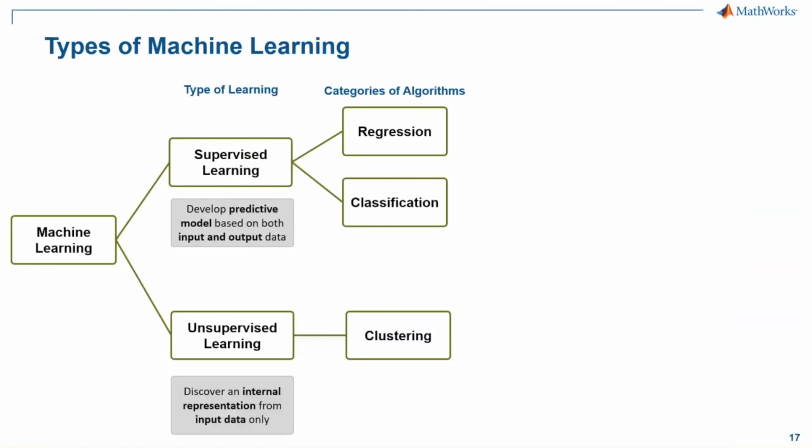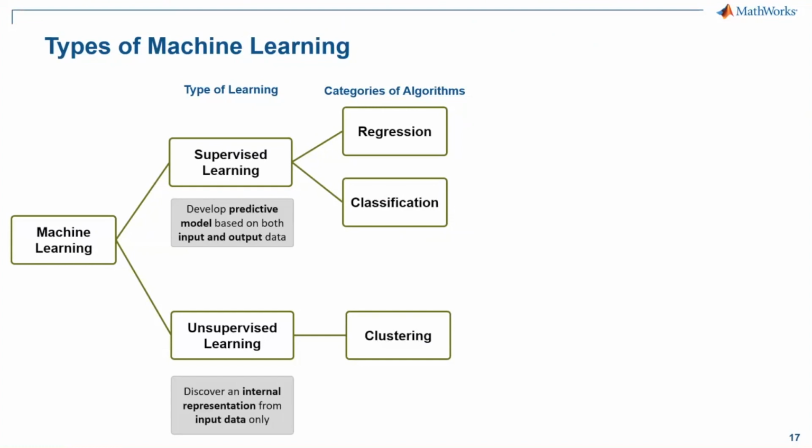So we talked about what AI is and different subsets of AI. But let's talk now about types of machine learning. You might have heard about supervised and unsupervised learning. What does this mean? Supervised learning is when we have the output and the input. Let's say I want to train a model to differentiate between cats and dogs. I have a lot of pictures from my friends of cats and dogs, and I know which ones are cats and which ones are dogs.